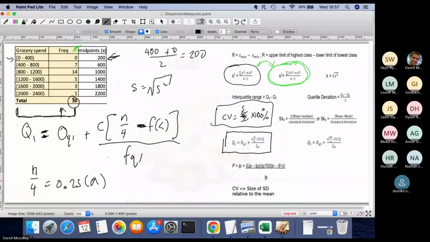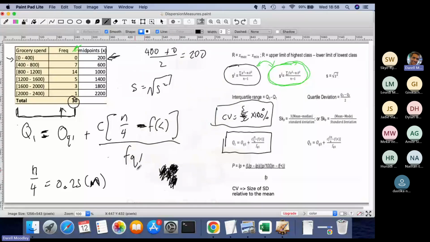It's the same thing. Now you'll notice there's a bit of a difference to how we did it a minute ago for ungrouped data. Before, we did N plus 1 over 4. But here, there's no plus 1. I may disagree with this a bit, but this is how the course works.